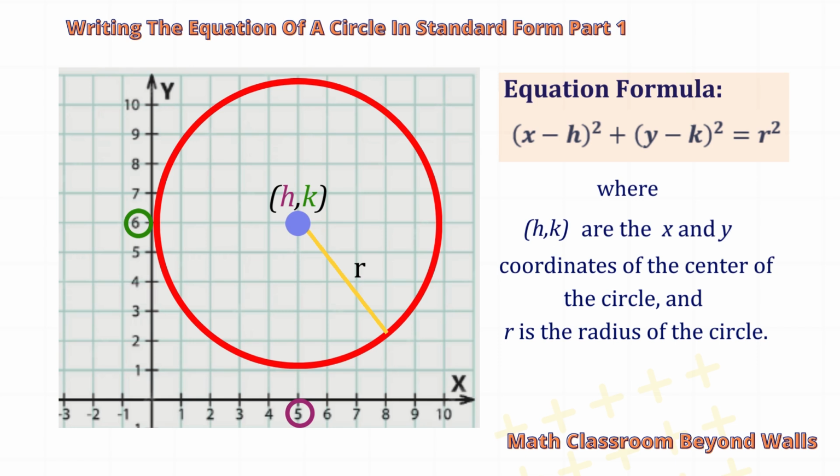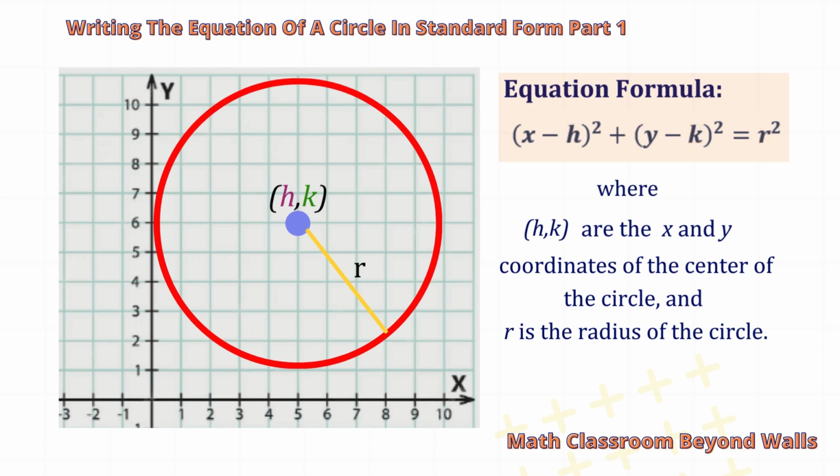This equation will serve as our formula in writing the equation of a circle in standard form. Hence, we will call this our equation formula. The equation formula tells us that we need the center of the circle (h, k) and its radius r to be able to write the equation of a circle in standard form.